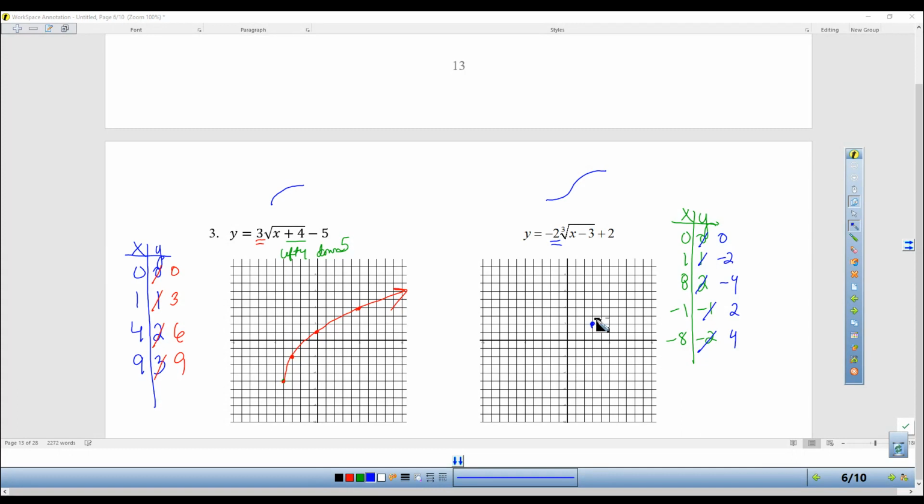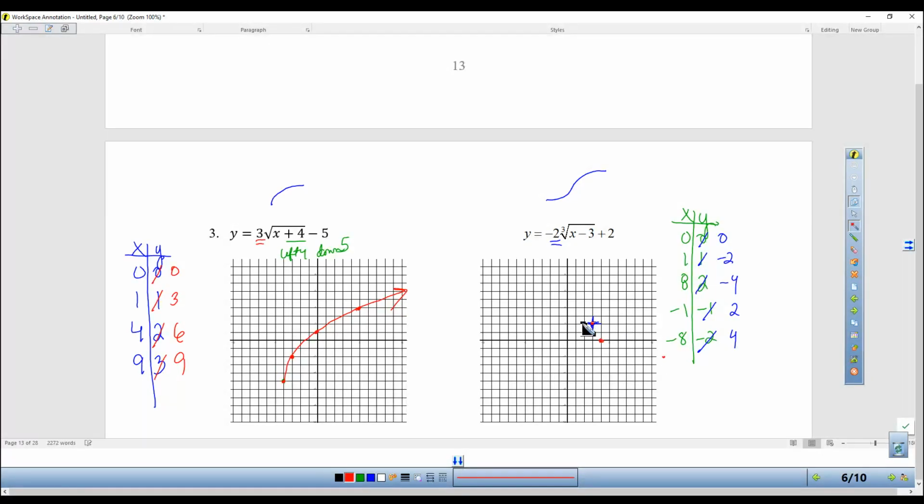So from there, sometimes it's better to actually make a little cross than just a point since you're about to make points, unless you change the color. 0, 0, 1, negative 2, 8, I can't quite fit, but it would be all the way down at negative 4. So it would be there. So make sure you don't get to negative 4 before that point.